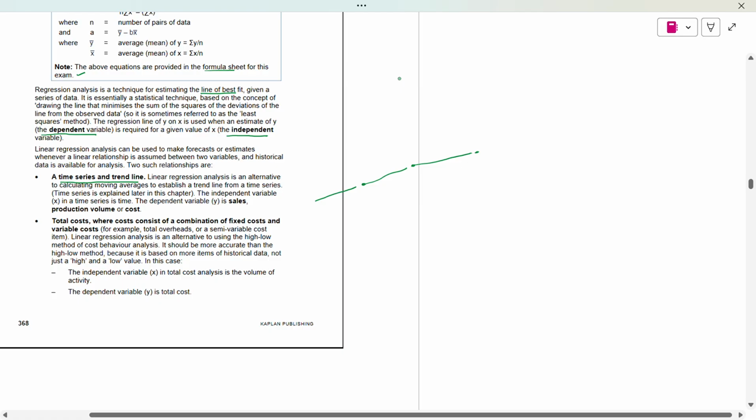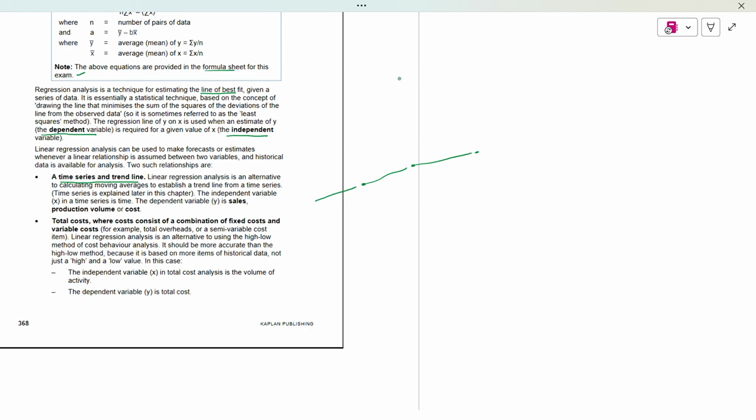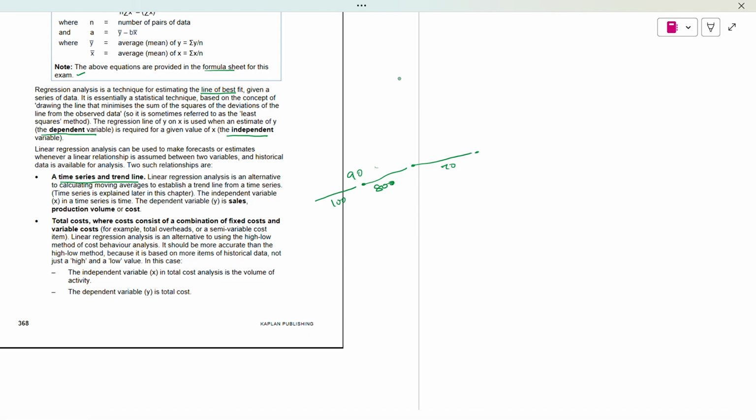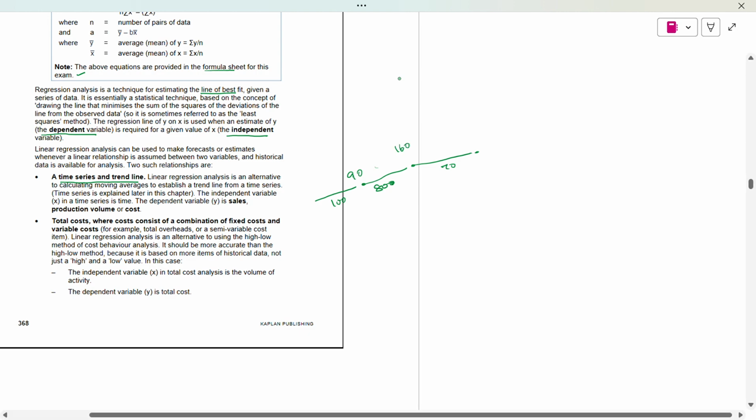Linear regression analysis is an alternative to calculating moving averages. Either you will take that: 100 plus 80, average is 90. Then 80 plus 70, it comes to 160, divided by 2, it comes to 80.